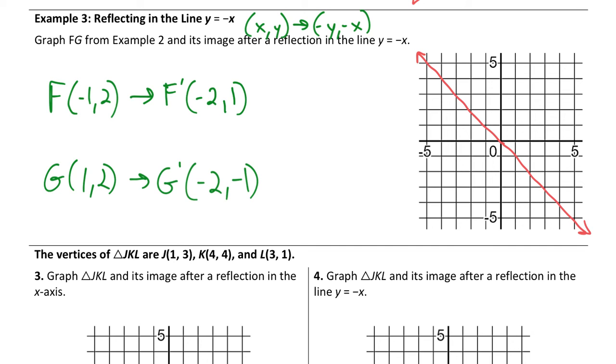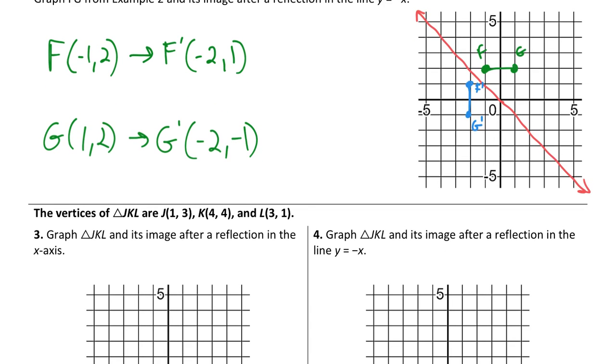So I'll graph the pre-image first. -1, 2, and 1, 2. That's FG, the pre-image. The image is -2, 1 for F, -2, -1 for G. So that's a reflection over the line y equals -x. You switch x and y's places, and you change both their signs.